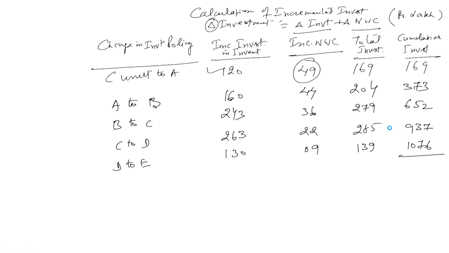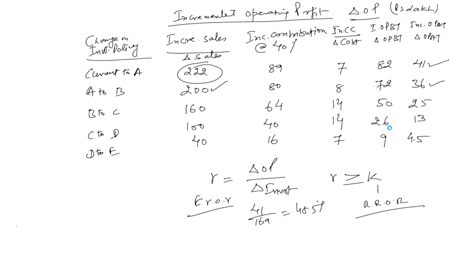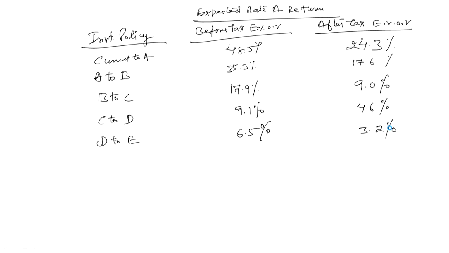First, we have worked out the incremental investment in the inventory, the cumulative investment when we move from policy A to B to C to D to E. Then we have calculated the incremental operating profit before tax and after tax over these 5 policies from current to E. And in the next calculations we have calculated the expected rate of return before tax from the policy current to E, and the expected rate of return after tax while we move from policy current to E. So, now all these calculations are with us.